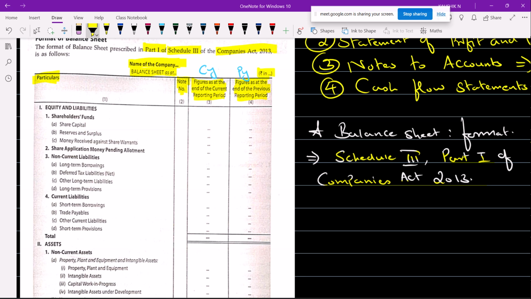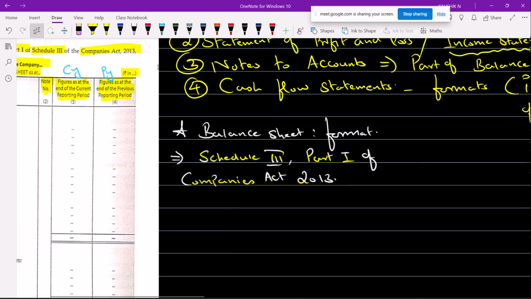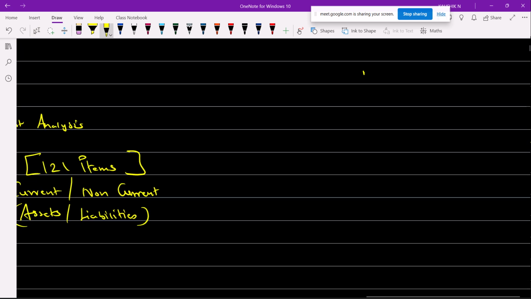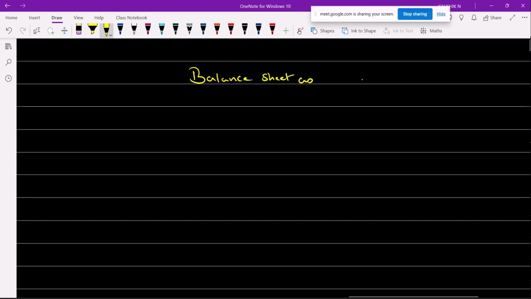Now coming to the concept. In grade 11, you would have learned that your balance sheet looks in this pattern. Balance sheet as at the year, either 31st March or December, the respective year will be marked here.